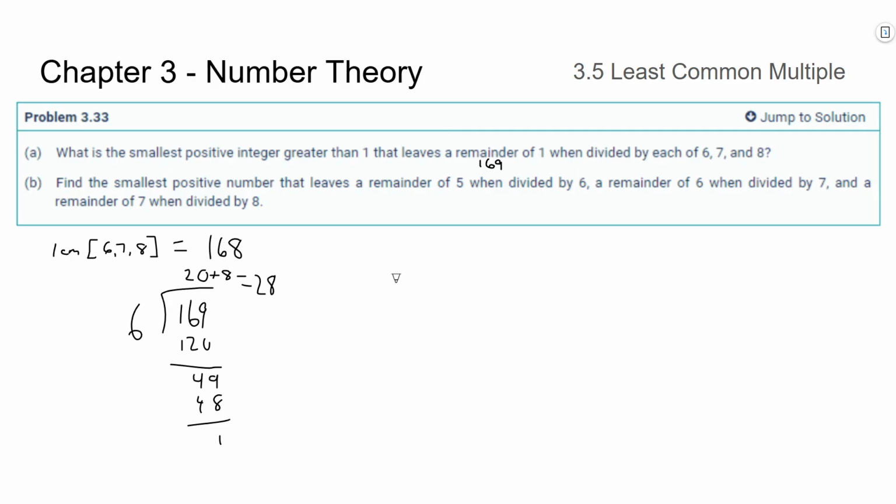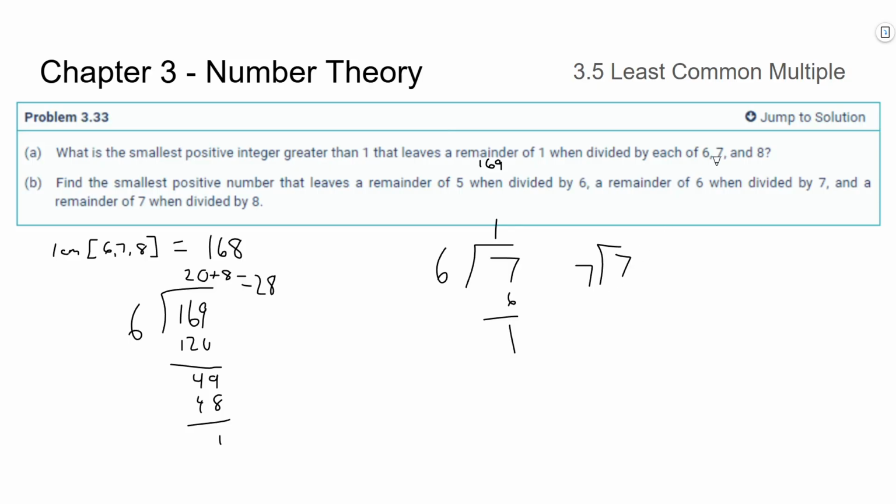Okay. So there are other numbers, by the way, I want to point this out. There are other numbers that would give us a remainder of 1 for each of these numbers. So let's say we have the number 7. If we did 7 divided by 6, that would give us a remainder of 1, right? But if we did 7 divided by 7, of course, that would not give us a remainder of 1.